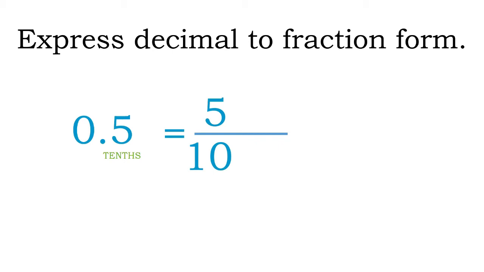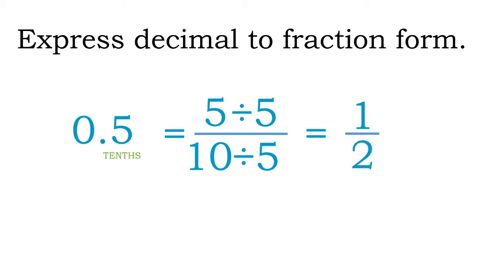Since 5 over 10 is not yet in simplest form, you can now look for the greatest common factor of 5 and 10. And their greatest common factor is 5, so divide both numerator and denominator by 5. 5 divided by 5 is 1, and 10 divided by 5 is 2. We can now say that the equivalent fraction of 0.5 is 1/2.